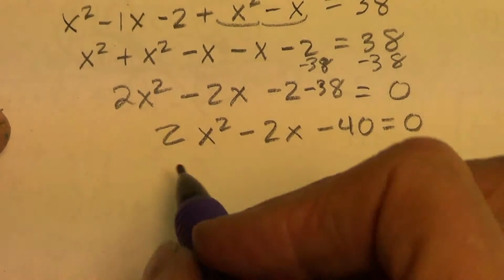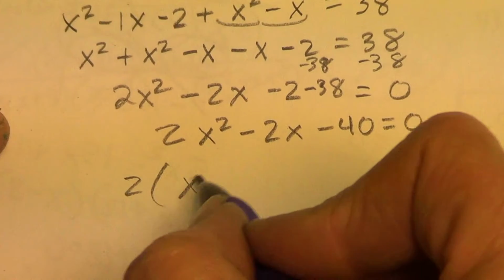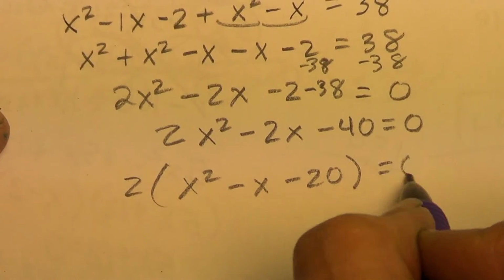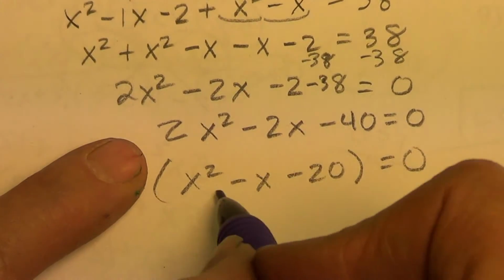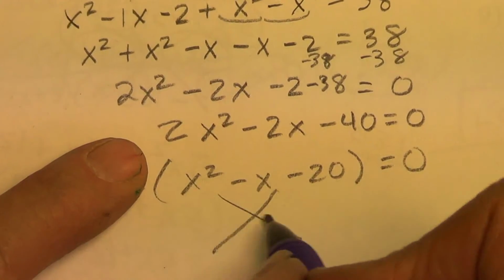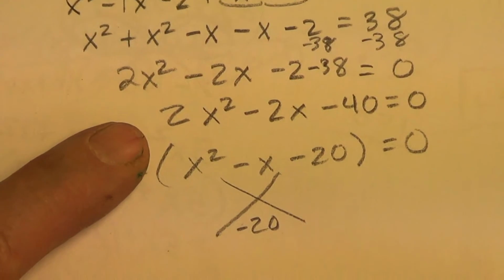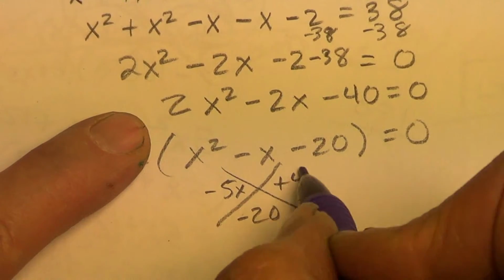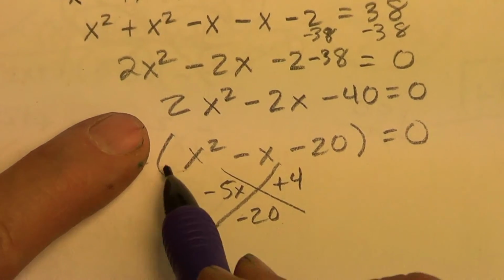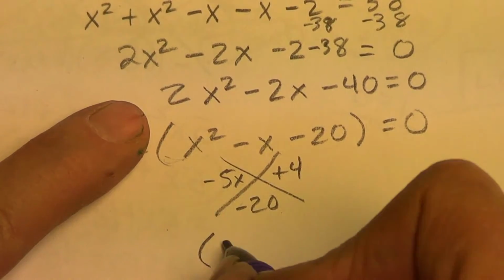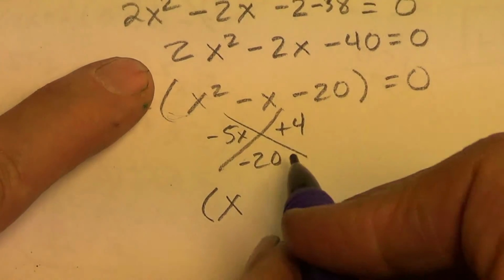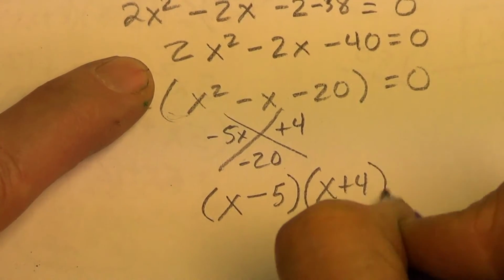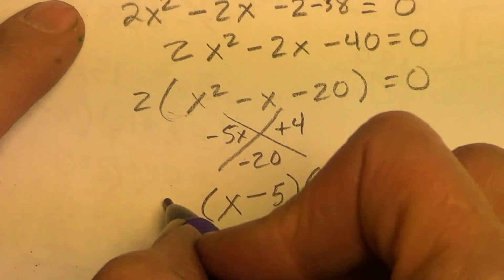We could divide everything by 2. We'd have x squared minus x minus 20. And cover that 2 up so that we play the x game. We would see with the negative 20 down here that it is a minus 5 and a plus 4. Since we don't have any value in front right here, we can just go straight to our answer, x minus 5 and x plus 4 equals 0, and drop down your 2.